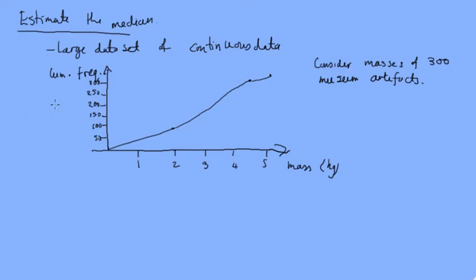So we look at the cumulative frequency, it's 300, so the halfway mark is going to be 150.